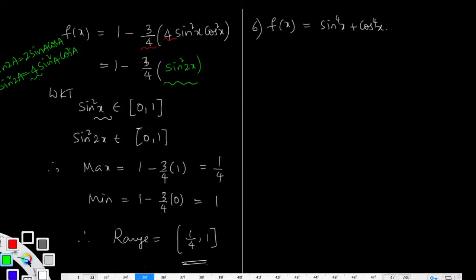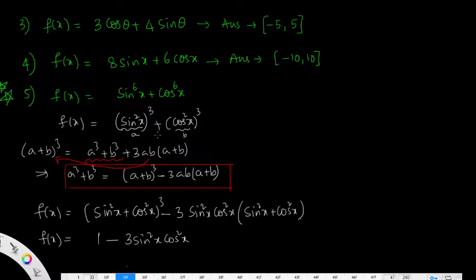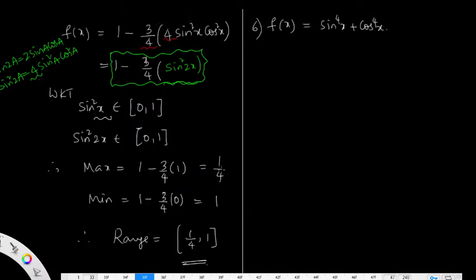Sin power 6x plus cos power 6x is always 1 minus 3 by 4 into sin square 2x. Similarly, f of x equals sin power 4x plus cos power 4x can be solved by applying the basic formula. It can also be written as sin square x whole square plus cos square x whole square.